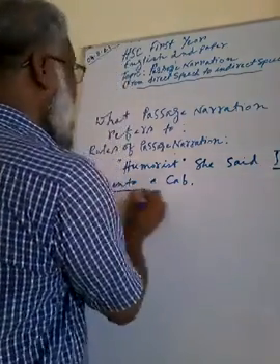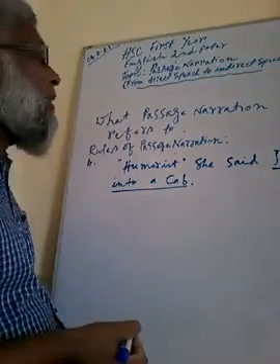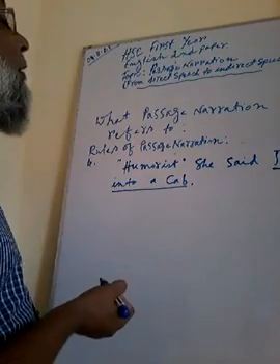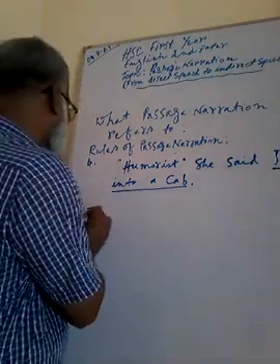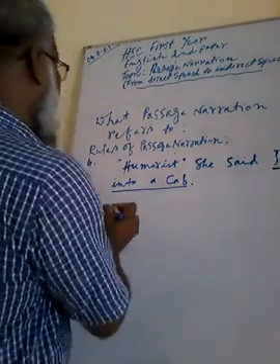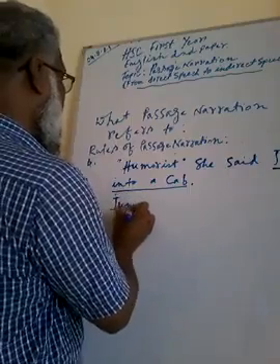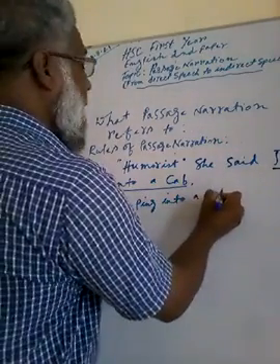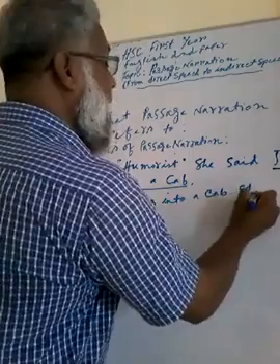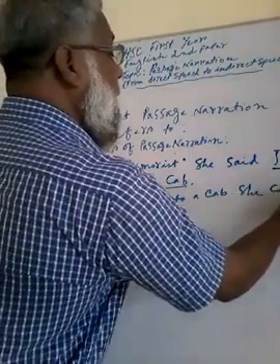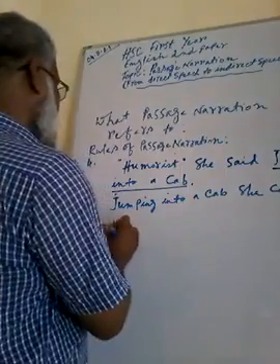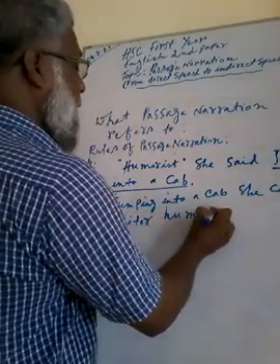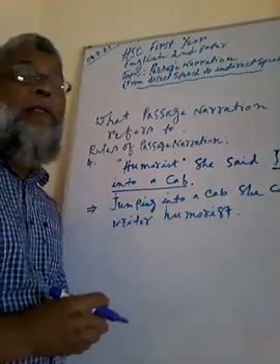"Jumping into a cab" is a present participle phrase and it remains at the end of the statement, and we should use it in the beginning. Jumping into a cab, she called the writer humorist.